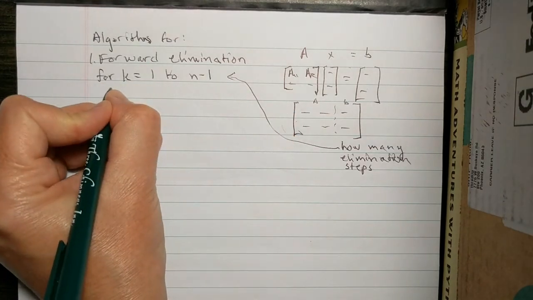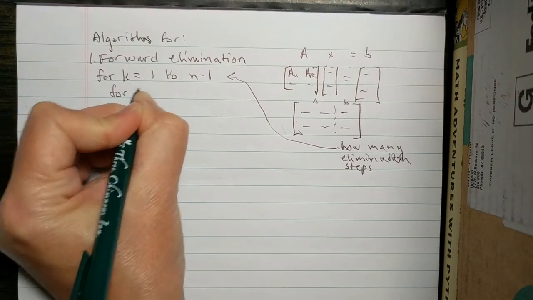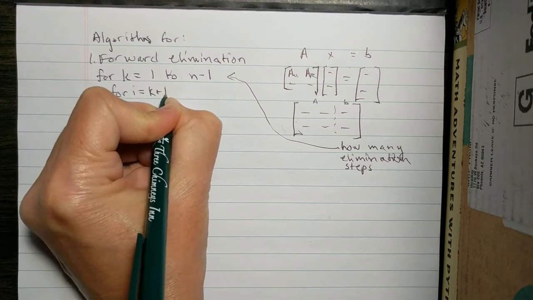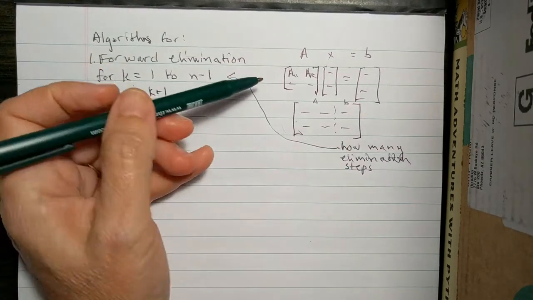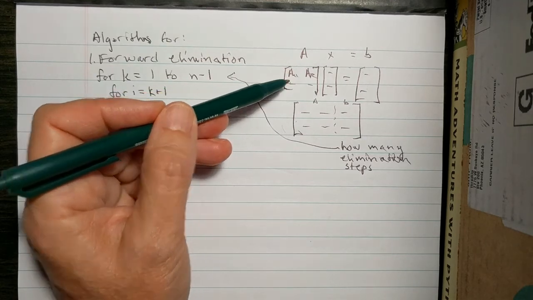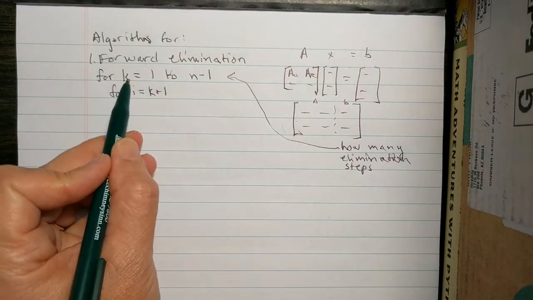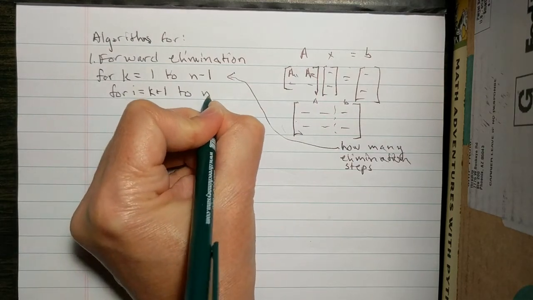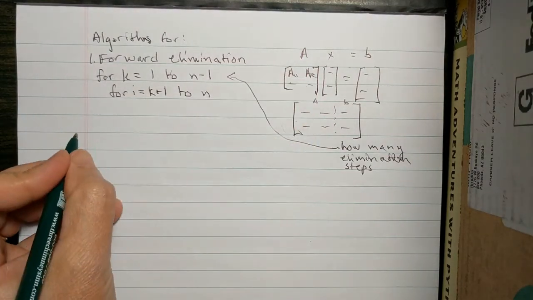The way we're going to do that is for i equals k plus 1 to n. If you think of the first elimination step, we want to keep the first row and start operating on the second row, that's why we're at k plus 1. We have to get down to the bottom of the matrix.